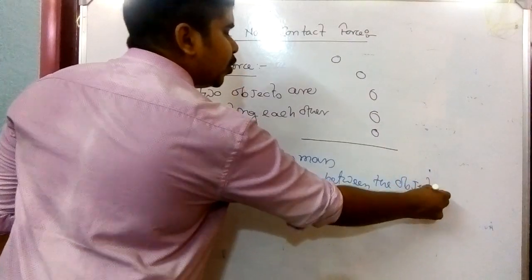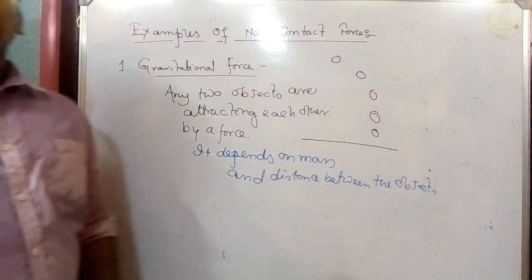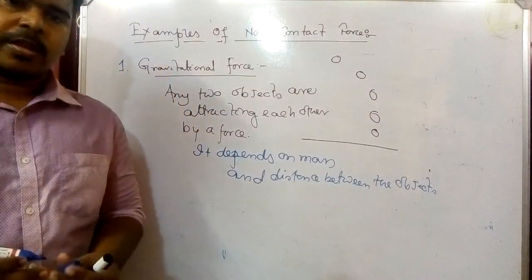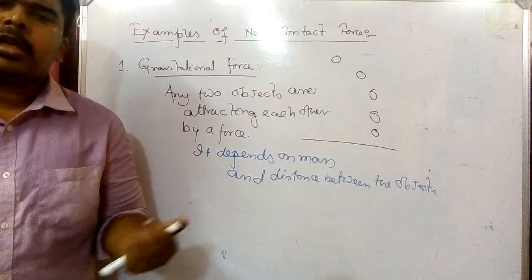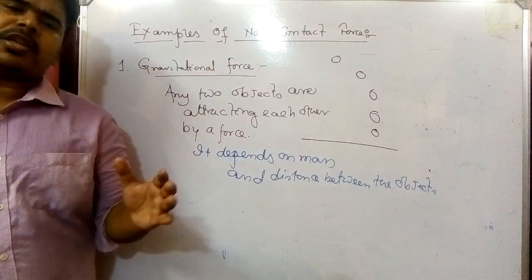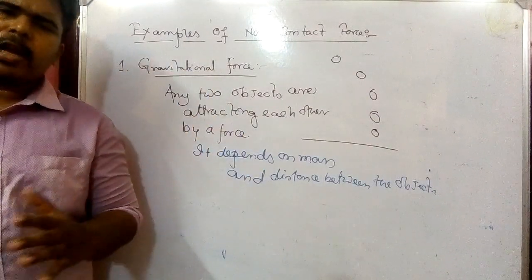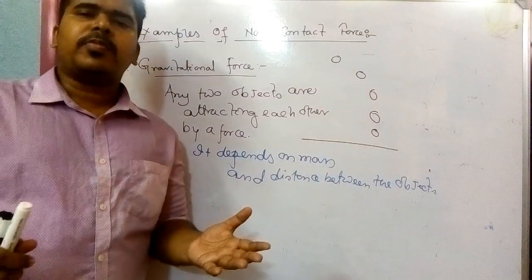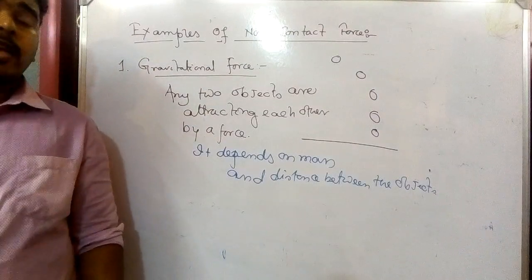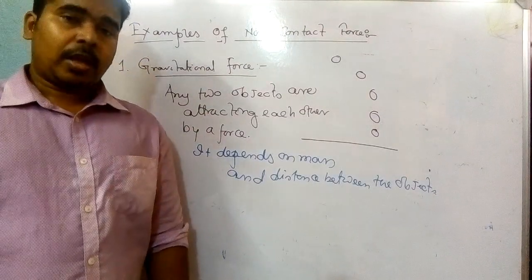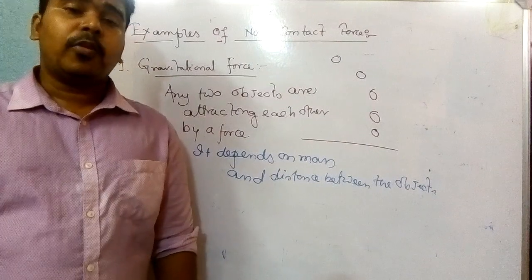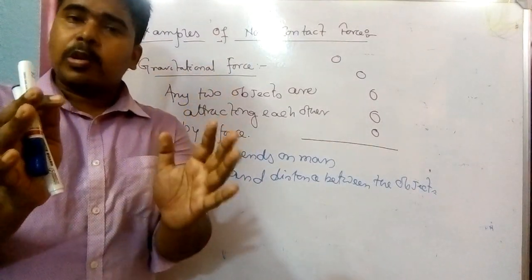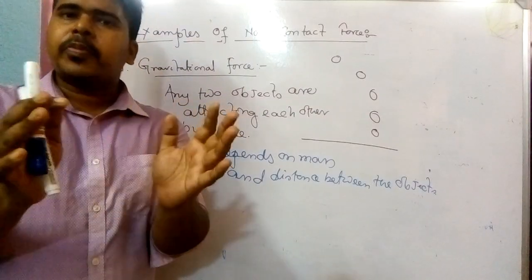So all objects which have mass have a gravitational force. But compared to the Earth, our mass or the mass of anything is very small. That's why the gravitational force between them is also very small, and we cannot feel it. Clear? But there is a force acting. If I'm talking about my two hands, they also have mass, and they also have some attraction.